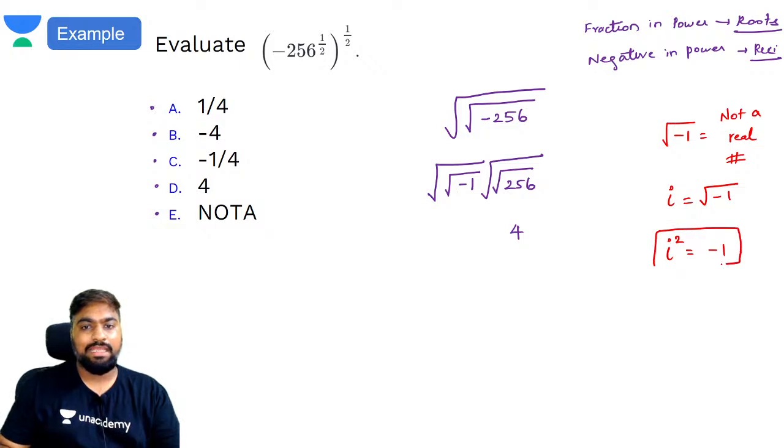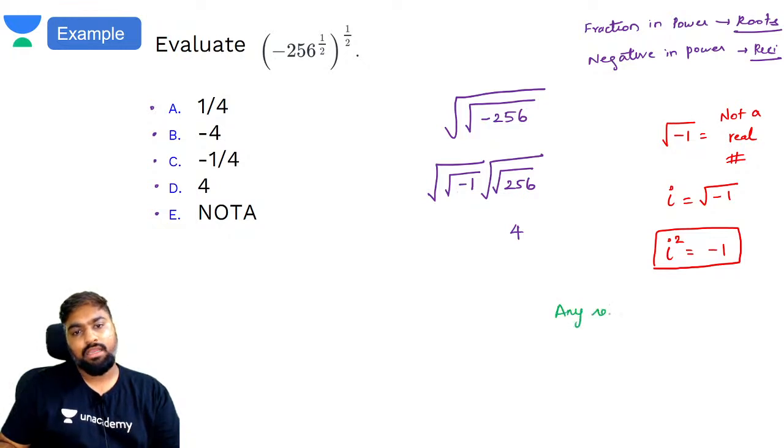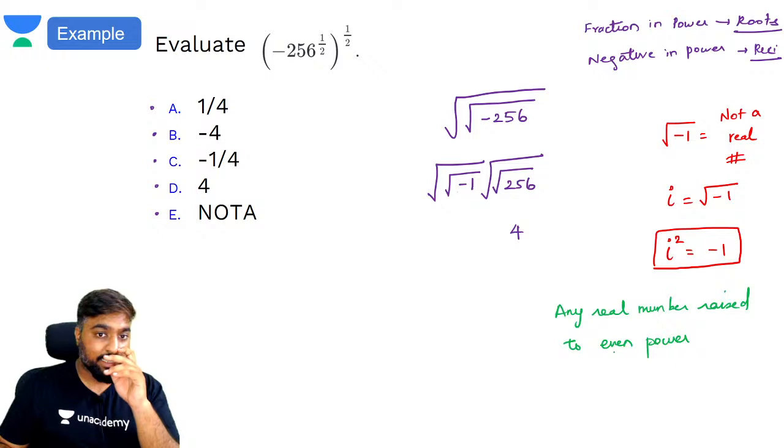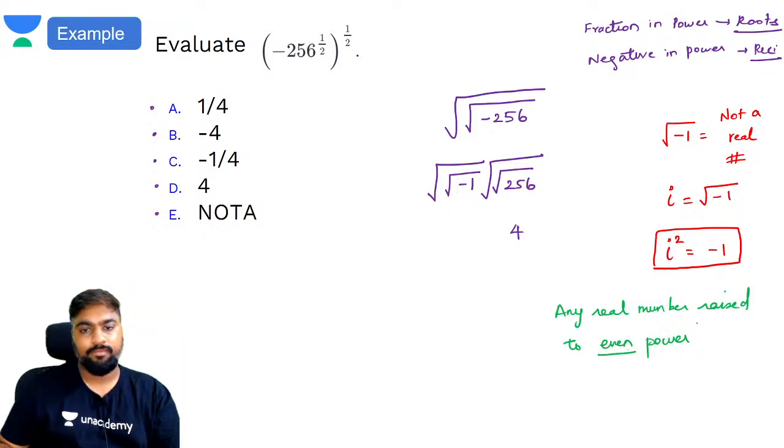We know that any given real number raised to an even power, right, works with power 2, power 4, power 6, and so on, will always give a positive value.